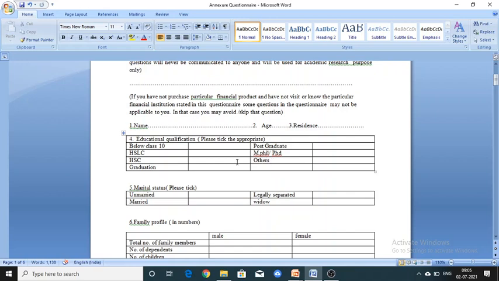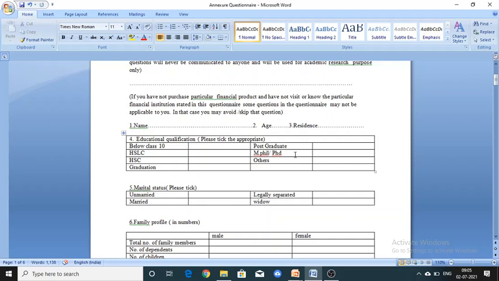Suppose a respondent passed HSLC, HSC, graduation, and after graduation pursued some vocational course. Where will the person tick? These categories will not be applicable.